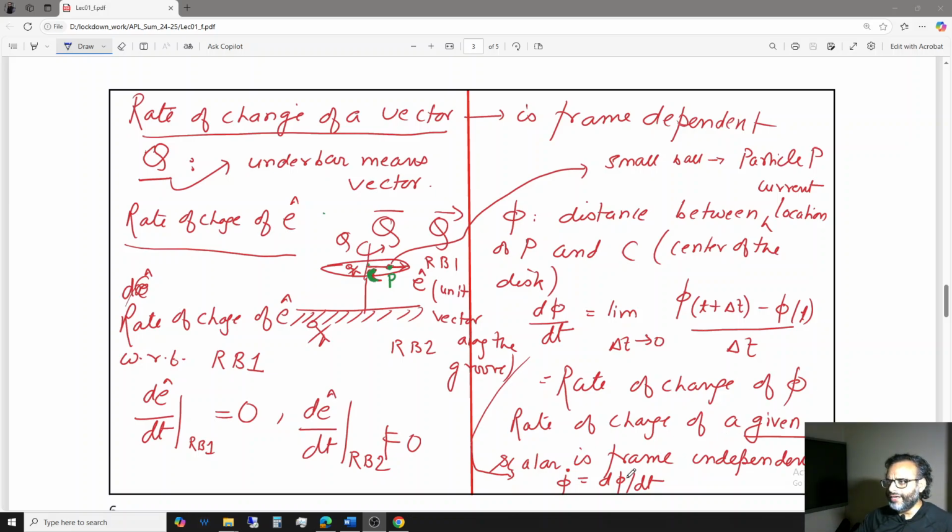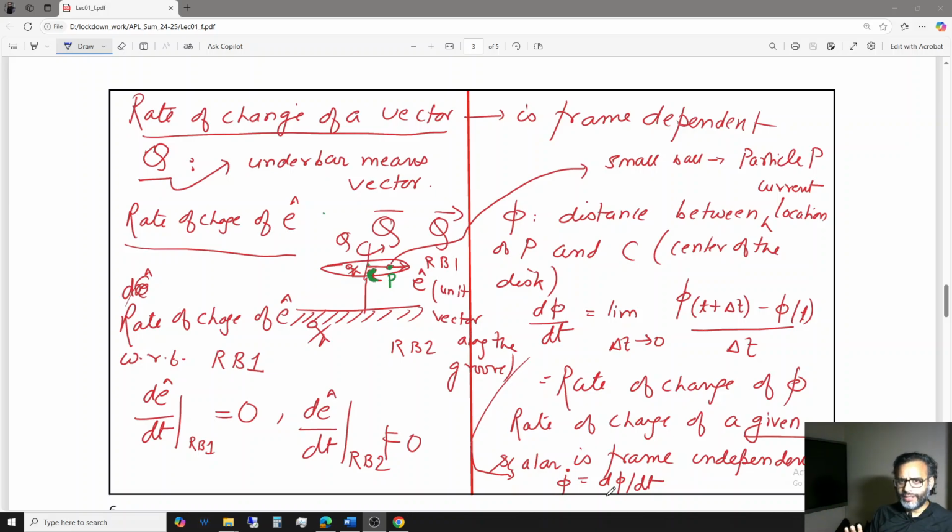And that is why when we write in the language of calculus d phi dt as the rate of change of a scalar, there is no requirement to put RB1 or RB2. If you insist, you can put RB1 and RB2, but be sure that if the scalar is the same being observed from RB1, RB2, both will observe the same rate of change. So it is not required actually to put RB1 and RB2.